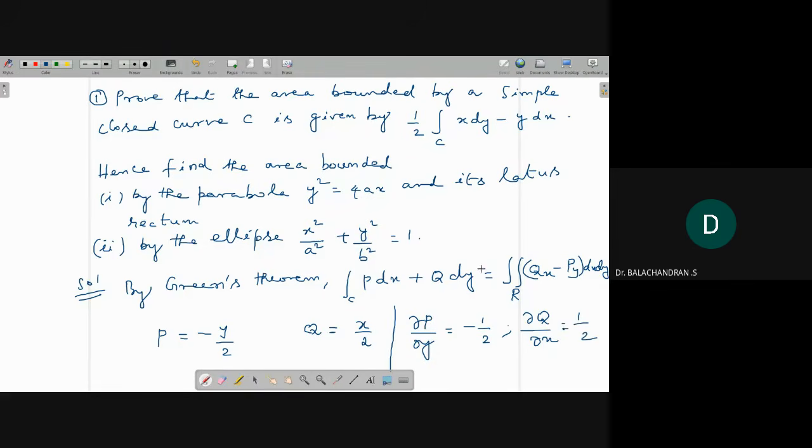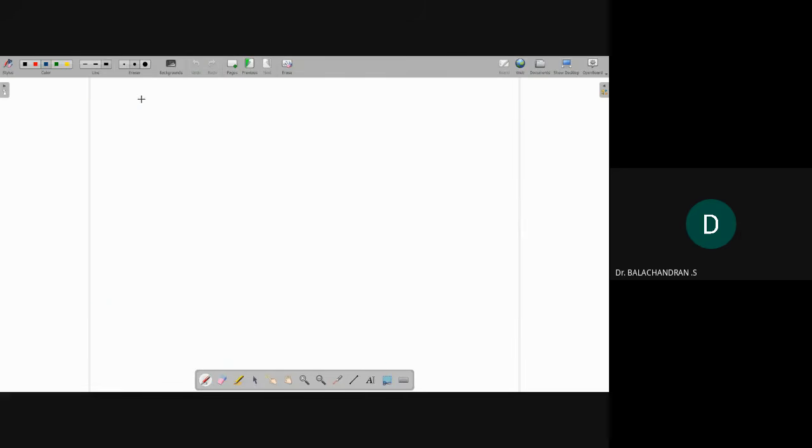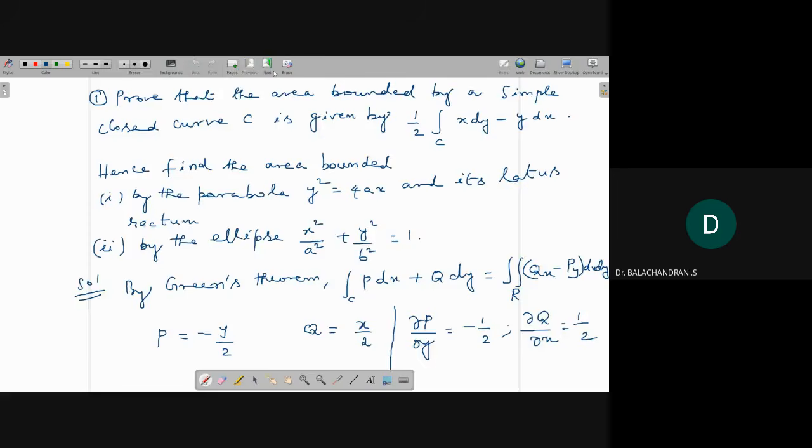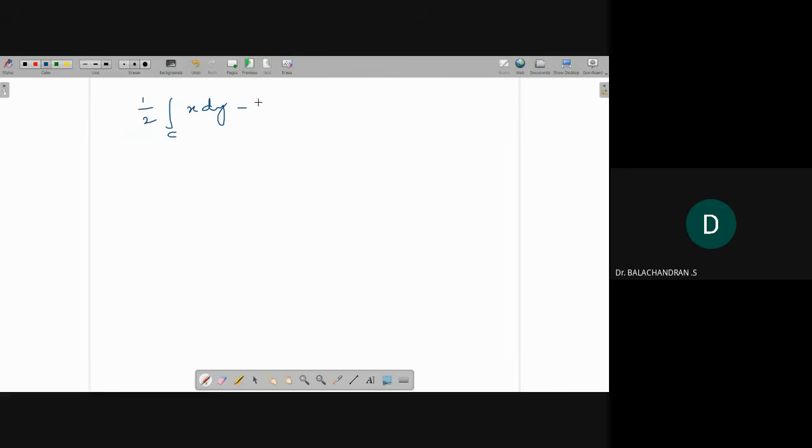Now we need to prove, first part, that the area bounded by the simple closed curve C is this. Now I am going to take this integral, that is 1 by 2 integral over C of x dy minus y dx. By Green's theorem, this is equal to the integral over R. This is actually in pdx plus q dy form.